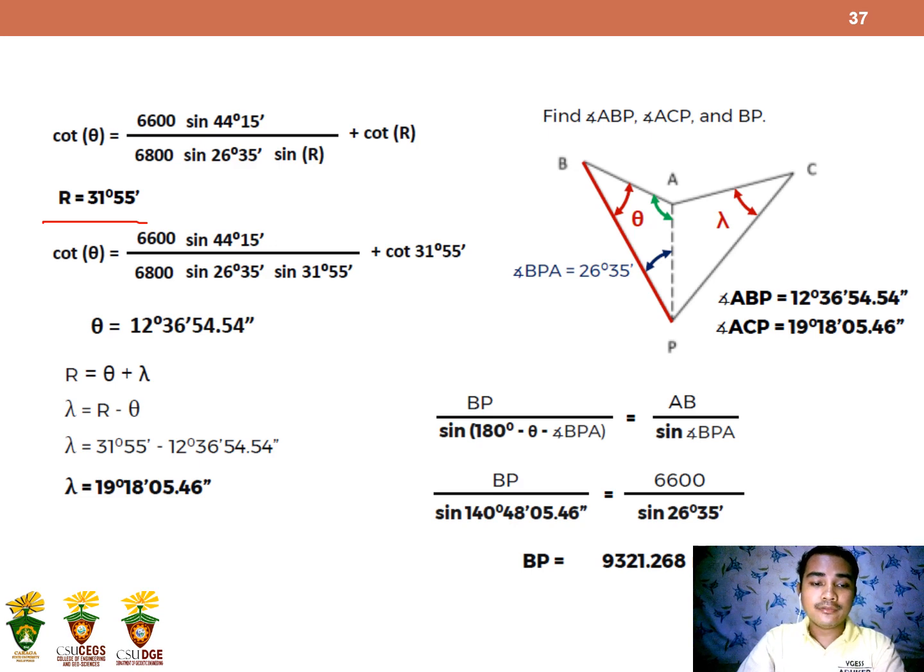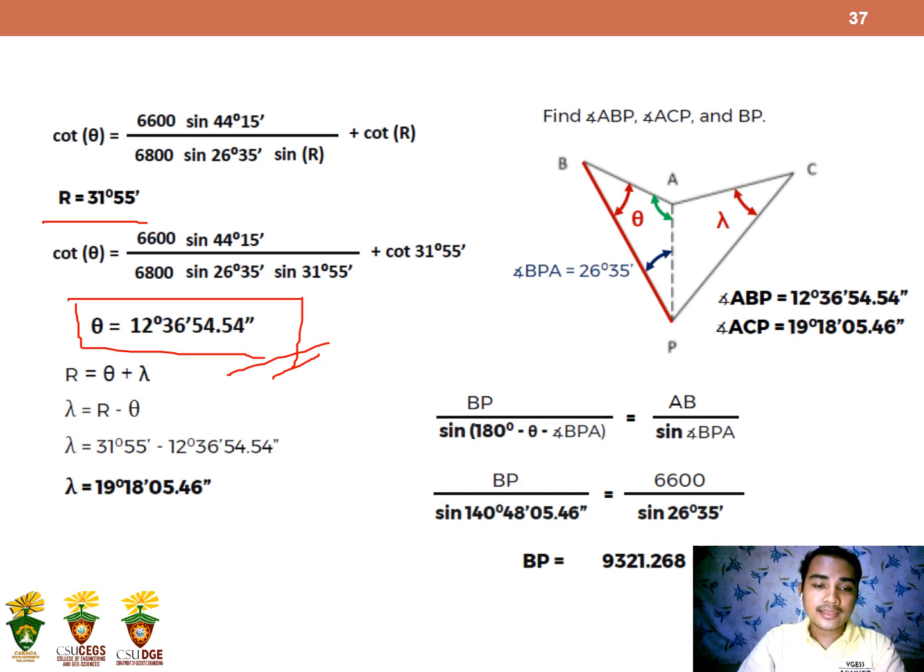So we have cotangent theta is equal to 6,600 sine 44 degrees and 15 minutes all over 6,800 sine 26 degrees 35 minutes, sine 31 degrees 55 minutes plus cotangent R, which is 31 degrees and 55 minutes. From this formula, we have the value of theta to be 12 degrees, 36 minutes, and 54.54 seconds. So we now have the value of theta.